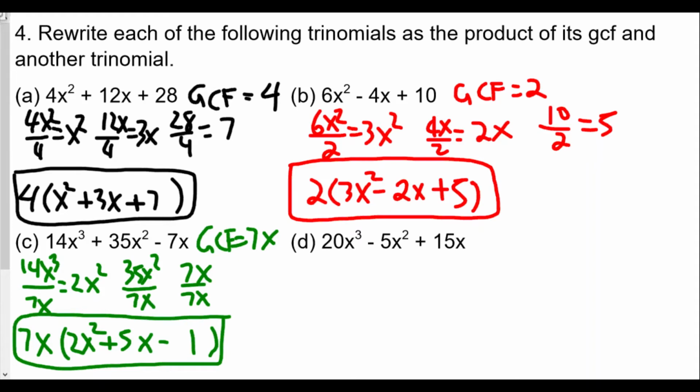And for D, our GCF, the large number is 5, but again, we see x cubed, x squared, and x. Our GCF is 5x.